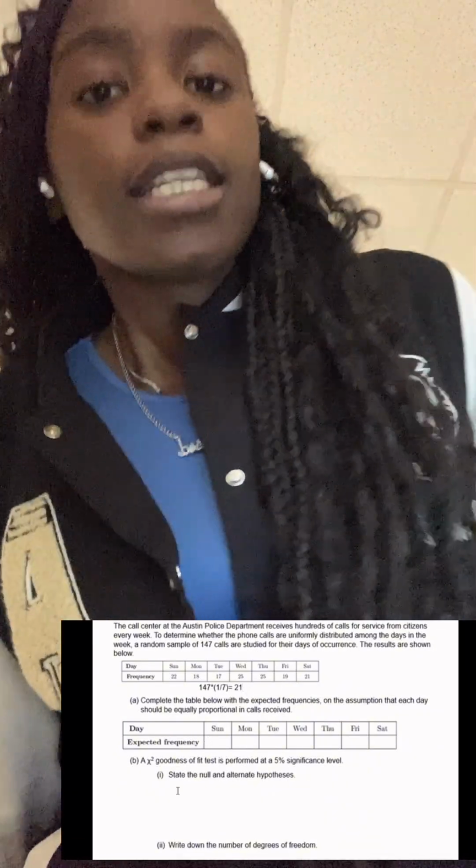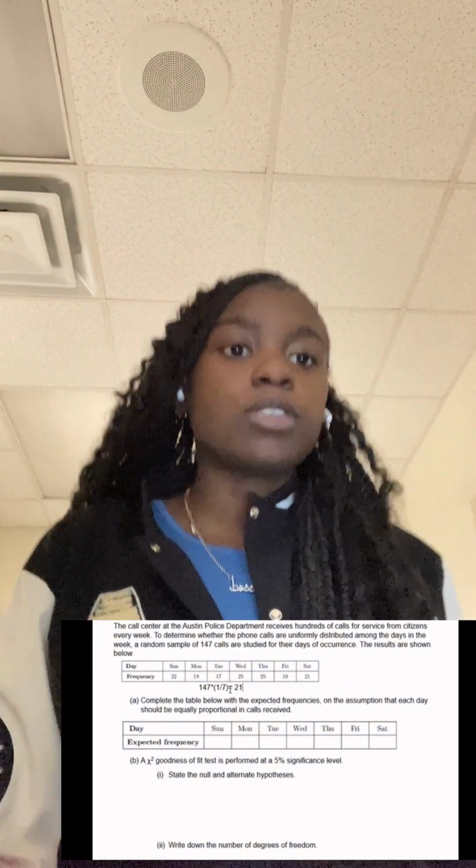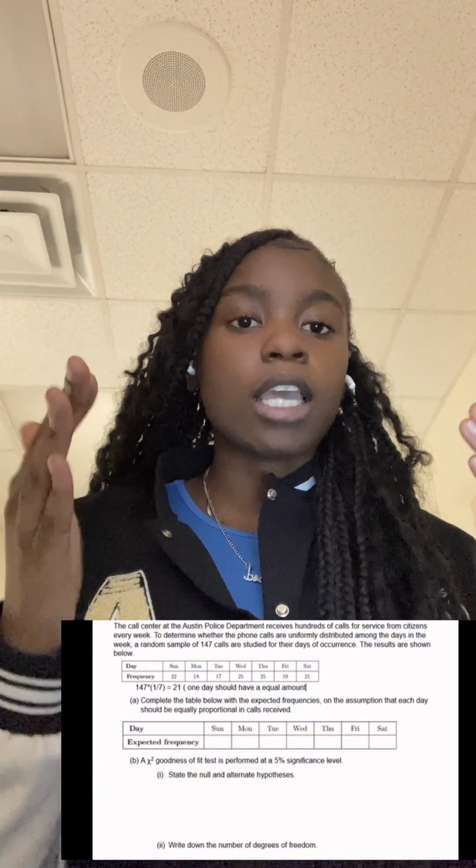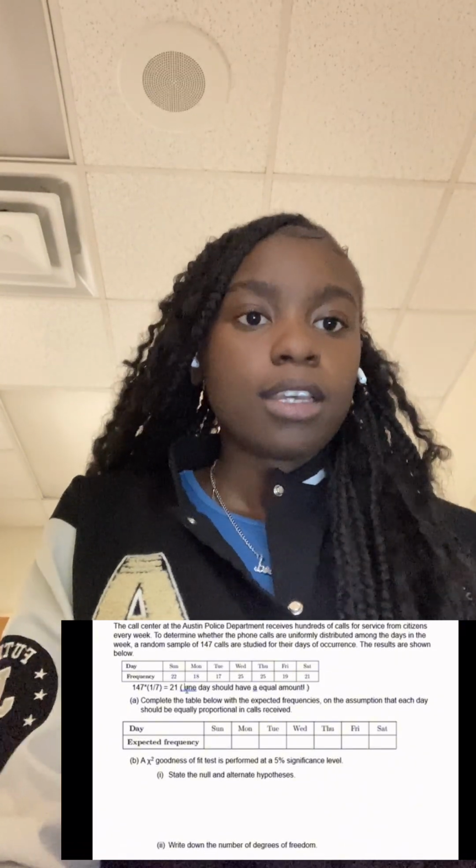The reason we do this is that each day should have an equal amount. So we multiply the number of calls by a fraction to get the expected amount for each day, and that's 21. So just imagine this table is filled with all 21, because I can't do it on this side.